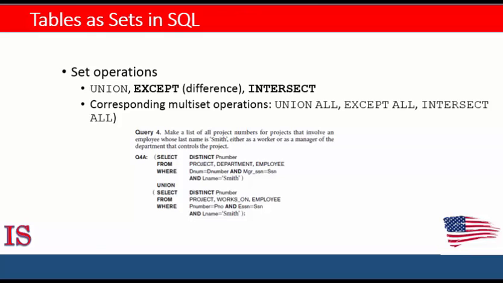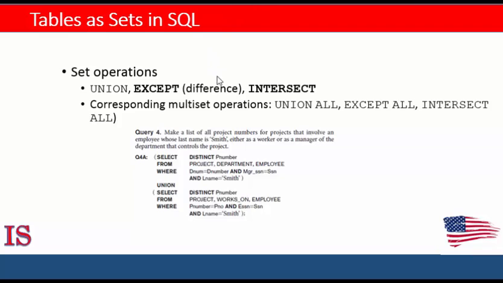The relations from these set operations are sets of tuples, that is, duplicate tuples are eliminated from the result. These set operations will only apply to union-compatible relations or tables. So we must make sure that the two tables on which we apply the operation have the same attributes and the attributes appear in the same order in both tables.